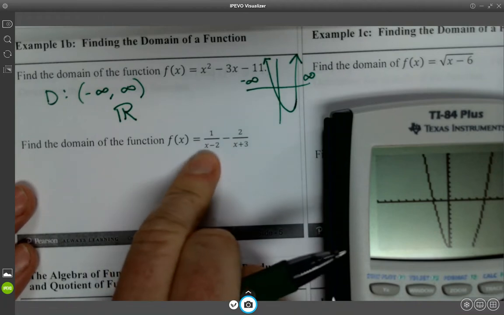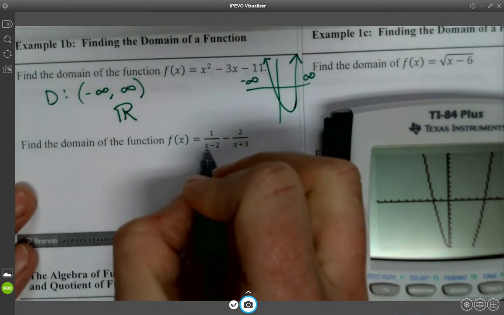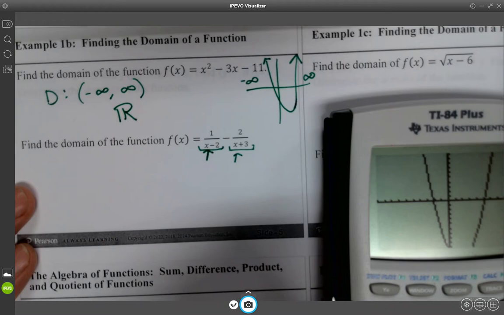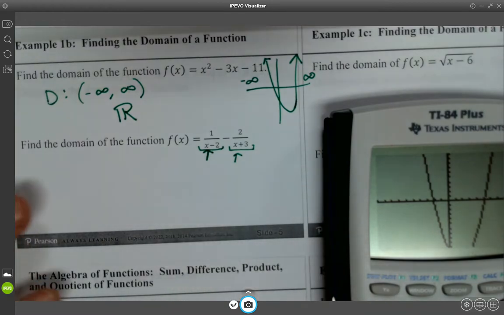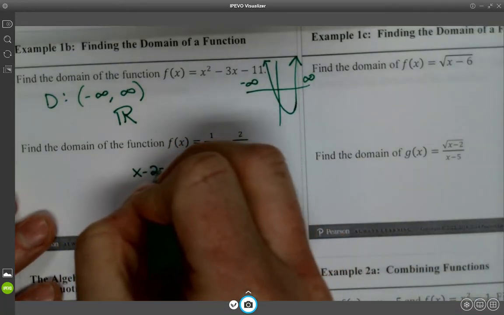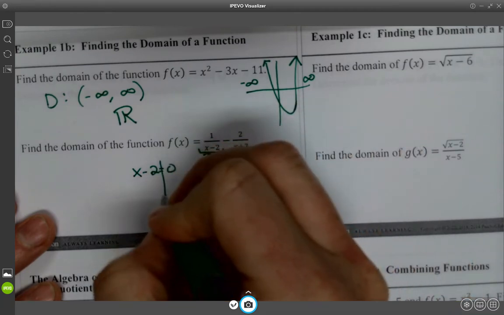In the next one, though, we have some denominators, some fractions. So we have to find out when this equals 0 and when this equals 0. Anytime you get it equal to 0, then it's restricted. So x minus 2 equals 0, x plus 3 equals 0.